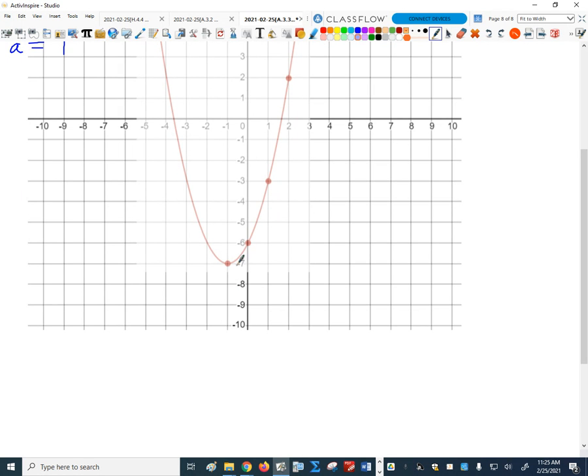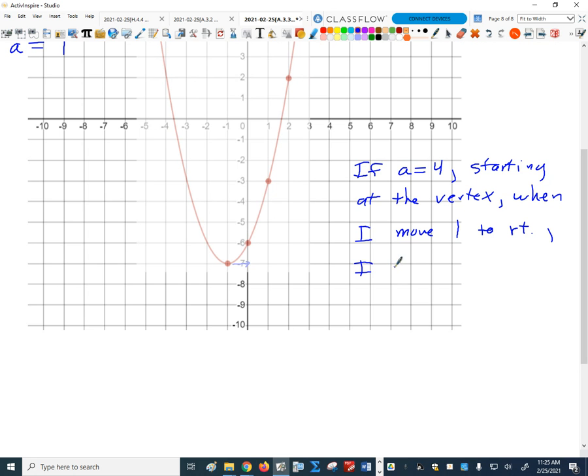So now, when I dilate this function, starting at the vertex, when I move 1 to the right, I move up how far?